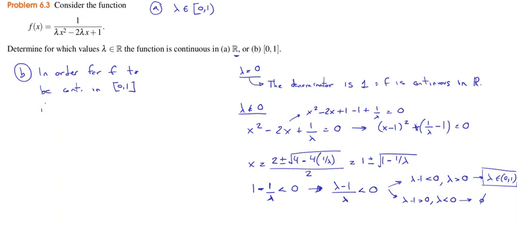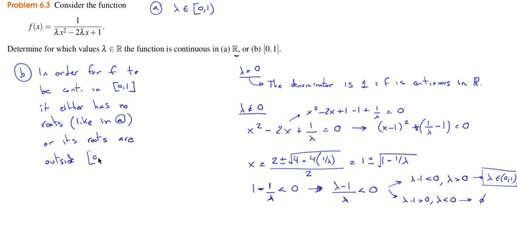It either has no roots, just like in A, or its roots are outside (0, 1). Because the points of discontinuity of this function are only at the roots of this, but if the roots are outside the interval, then it will be continuous in that interval.